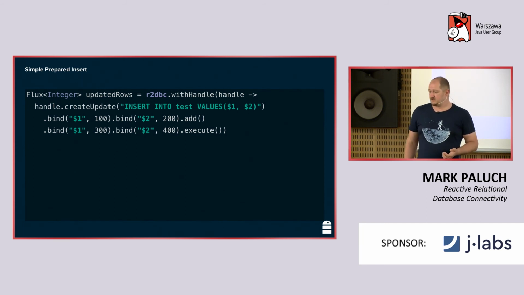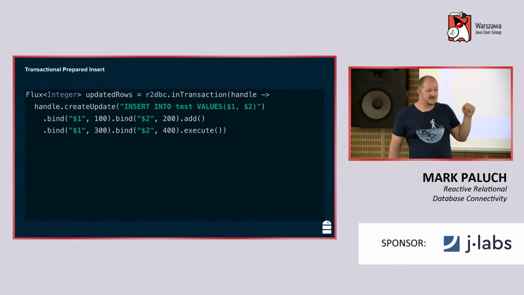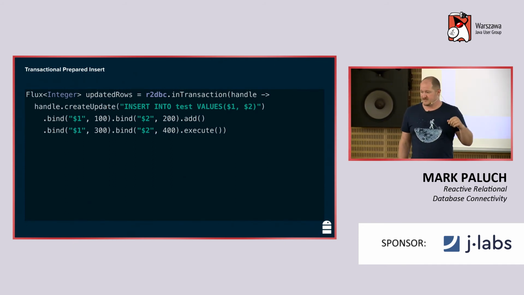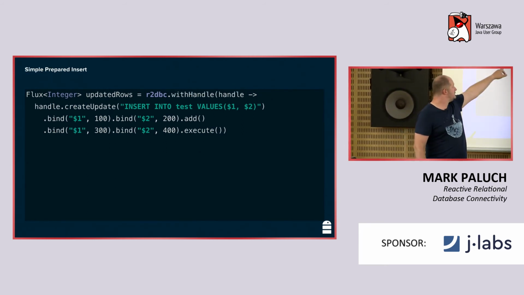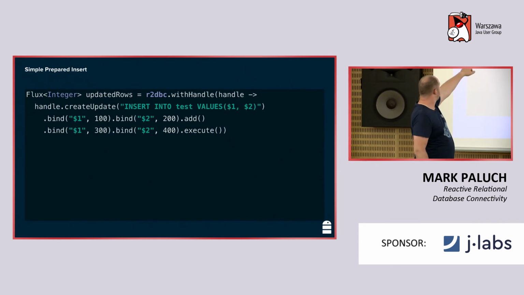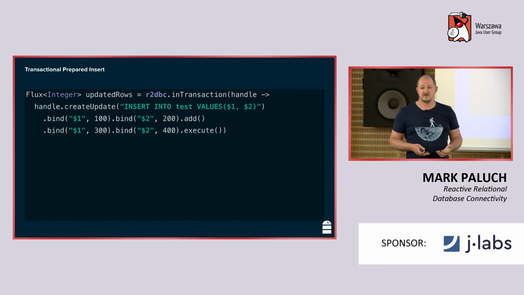Now, let's go over into transactions. And yes, this is the transaction slide. You probably haven't noticed. So let me go one slide back. Pay attention to this withHandle method. This is without transactions. This is with transactions. So what basically changes here is I'm calling just a different method, which gives me different semantics.